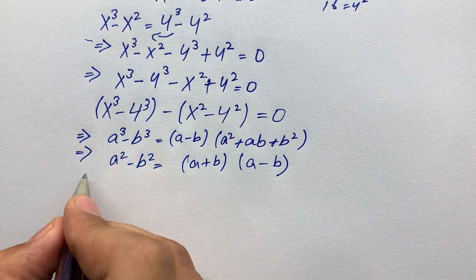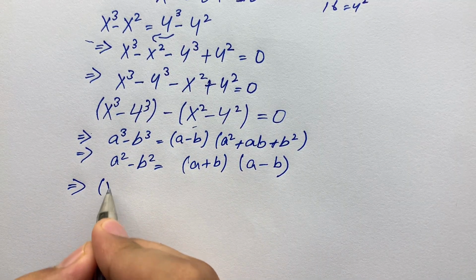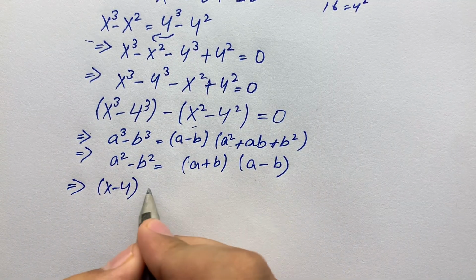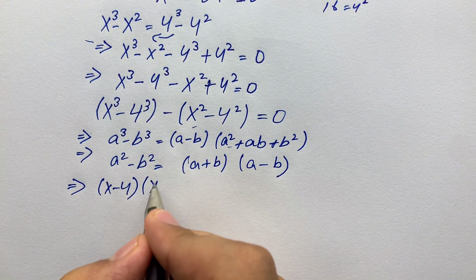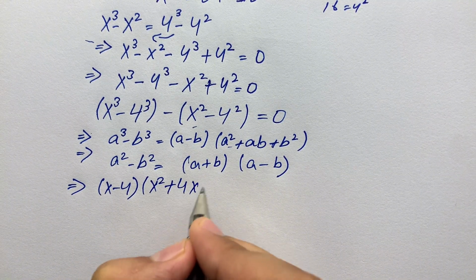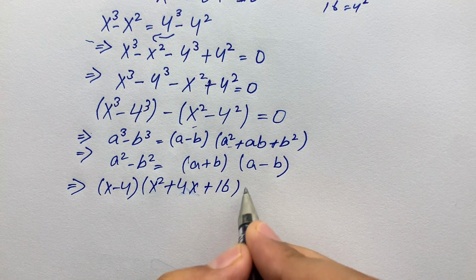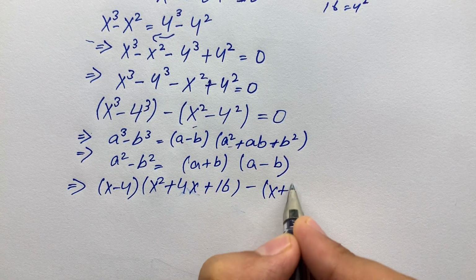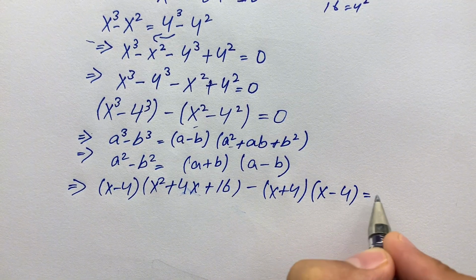Now we apply this formula here and here, and we get first (x - 4)(x^2 + 4x + 16) minus (x + 4)(x - 4) is equal to 0.